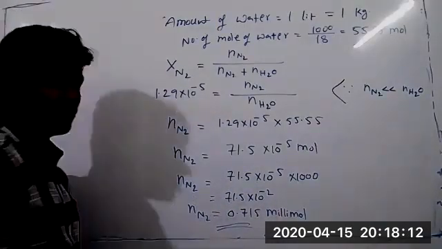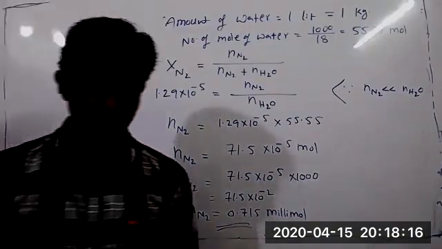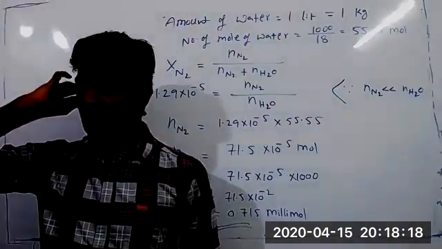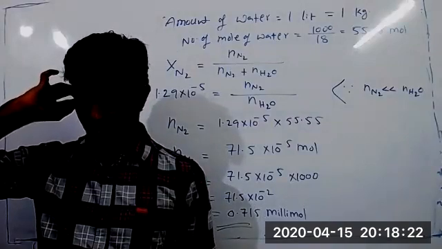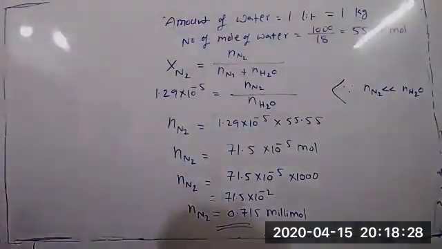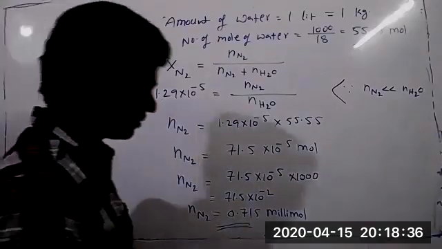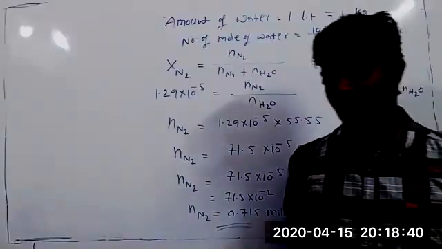Okay, now listen to the applications of Henry's law. What is Henry's law definition? Dissolution of gas in liquid is directly proportional to the partial pressure of the gas over the surface.